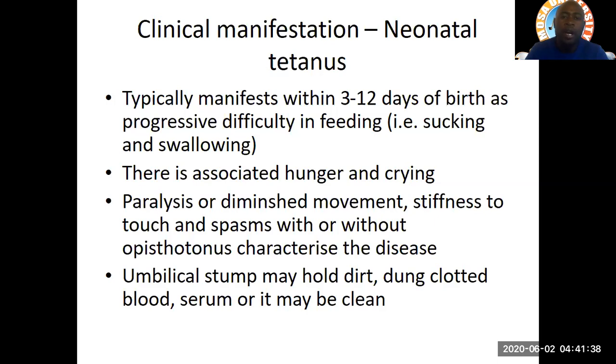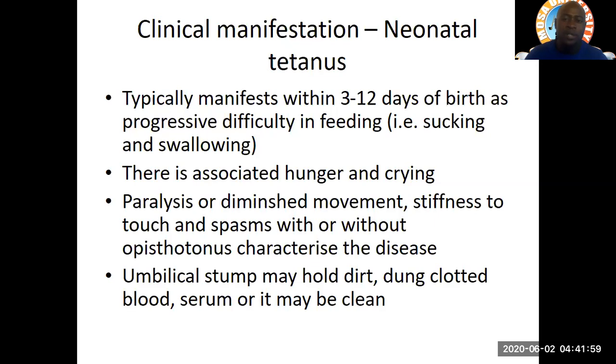And progressively, as the toxin spreads in the body, you find that this neonate will present with poor sucking and poor swallowing. So what will happen? This infant is not feeding and is unable to swallow.